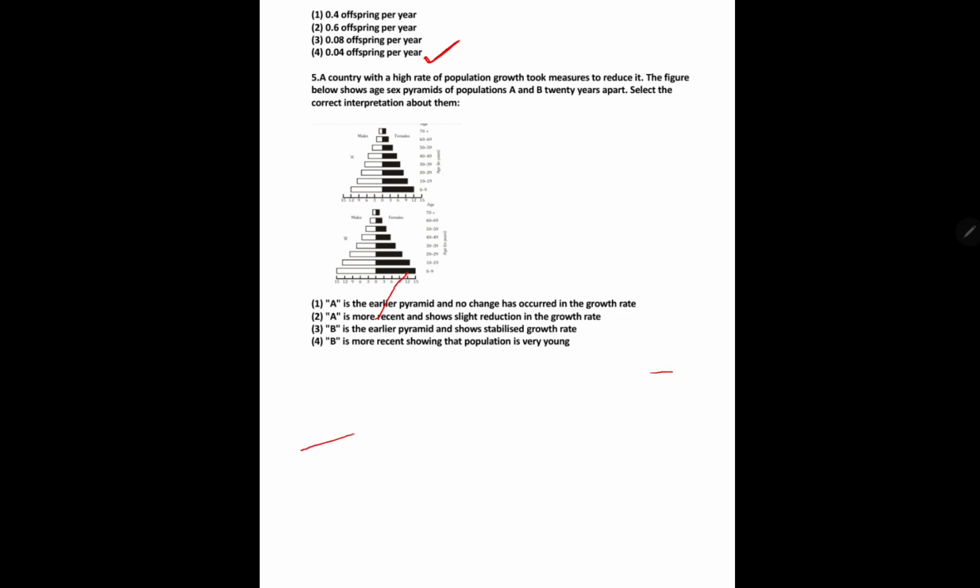Last question I'm taking. We have two populations. A country with a high rate of population growth took measures to reduce it.